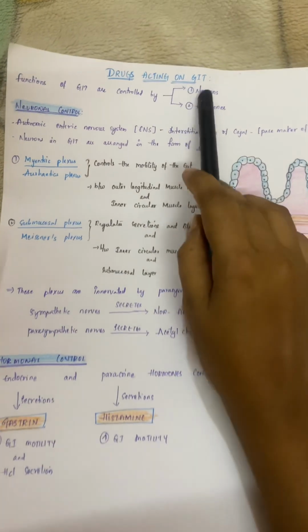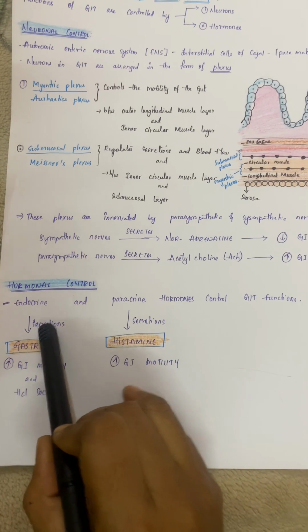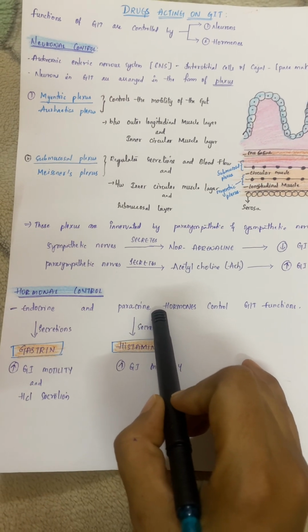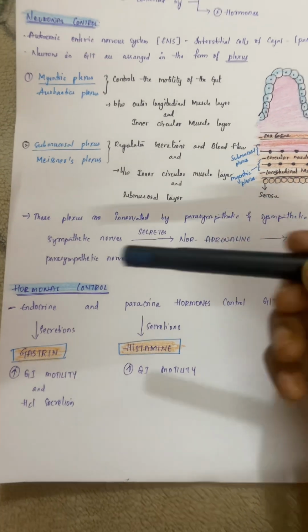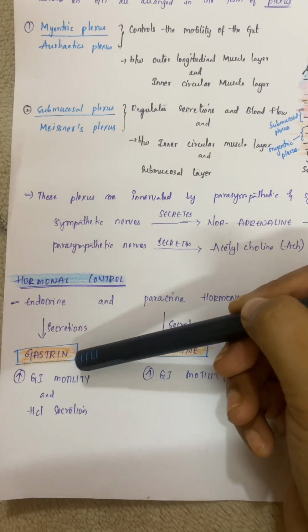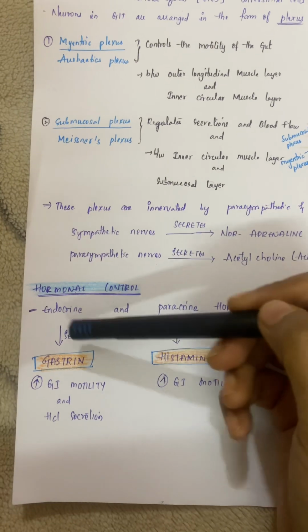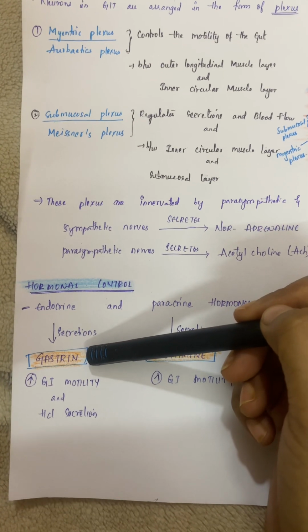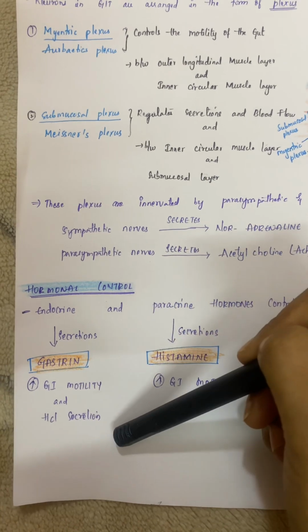Now coming to the hormonal control, we have endocrine hormones and paracrine hormones which control the GI functions, that is the gastrointestinal tract functions. Now the endocrine gland secretes the gastrin hormone and the paracrine gland secretes the histamine hormone. So this gastrin hormone will result in increase of GI motility as well as HCl secretion.